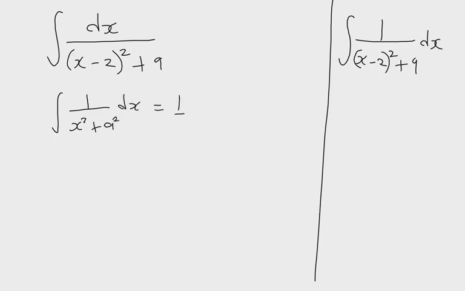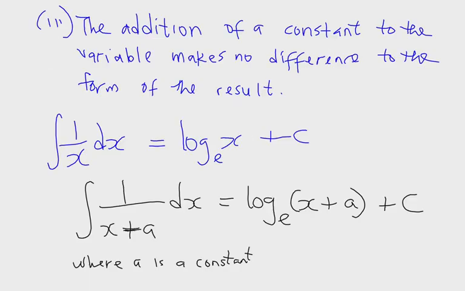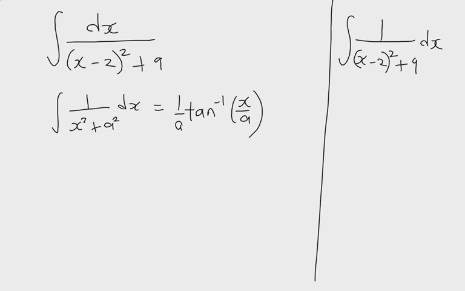This gives us 1 over a tan inverse of x over a. Now here it says that applying this law, the addition of a constant to the variable makes no difference to the form of the answer. So that means in this case, what is added to the variable is minus 2. So we now apply it.